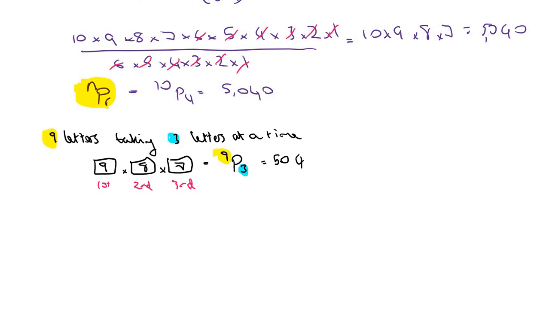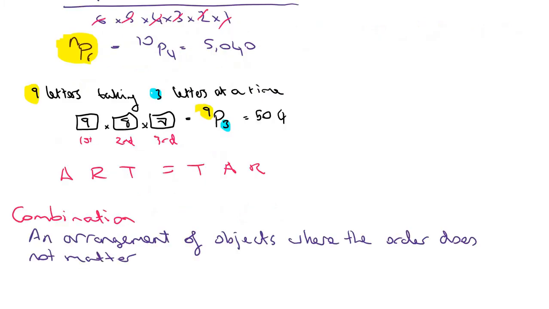And what I'm going to do is bring that into something called a combination next. Now the only difference between that and a combination is, let's say 3 of my letters were A, R, and T. Well, in a permutation, A R T would be a different arrangement to T A R, because the order matters in a permutation. But in a combination, the only difference is that that will be the same. So, a combination is the arrangement of objects where the order does not matter.